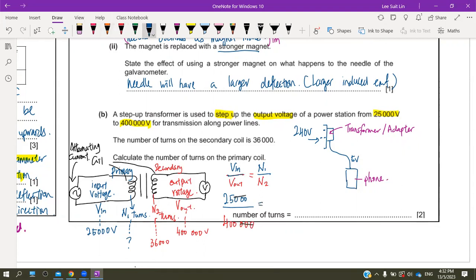You are looking for N1, and your N2 is 36000. Which means your N1 will be equal to 25 over 400 times 36000. This would give me 2300.